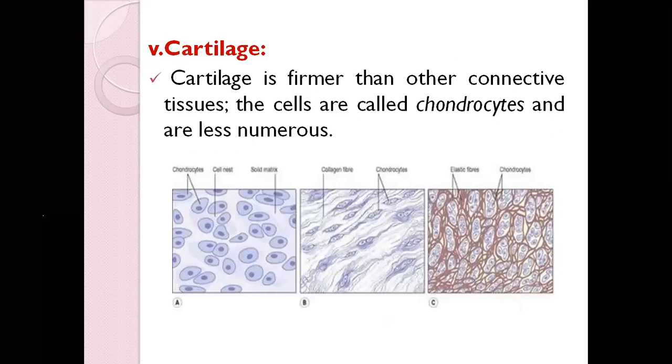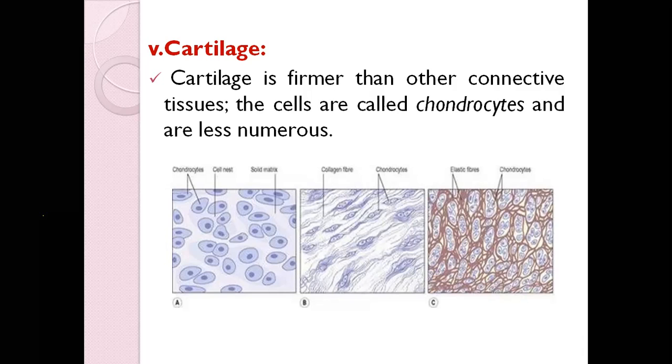So next we will move on with the cartilage. Actually, cartilage is firmer than other connective tissues, and the cells which are mostly found here are called chondrocytes, and they are usually found in a very small number. Firmer in the sense that cartilage does not have that much strength as compared to the other connective tissues.